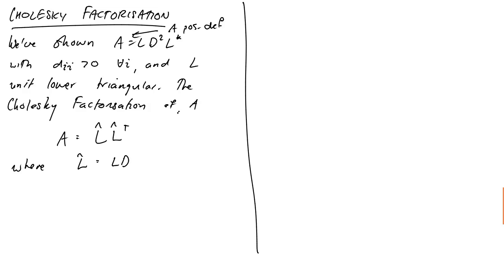And obviously this one here is for our real case. Okay, so real positive definite symmetric matrix A. Same thing applies for complex, but you end up using these a lot more for real matrices.